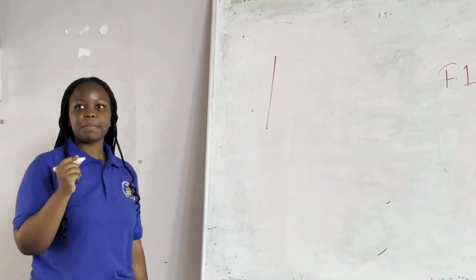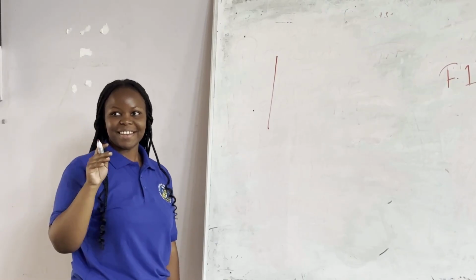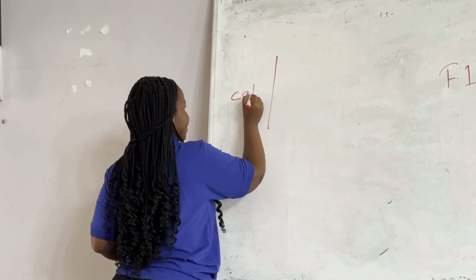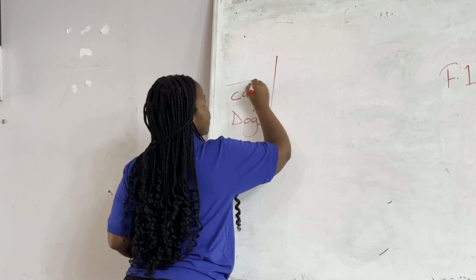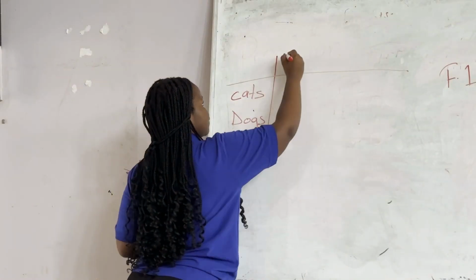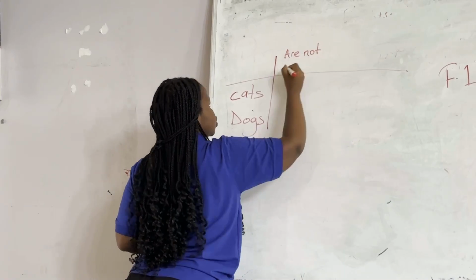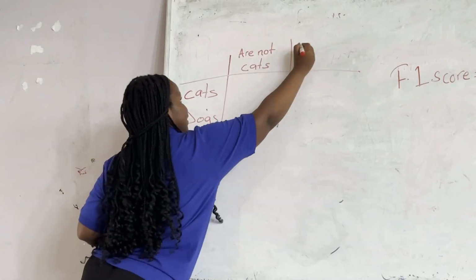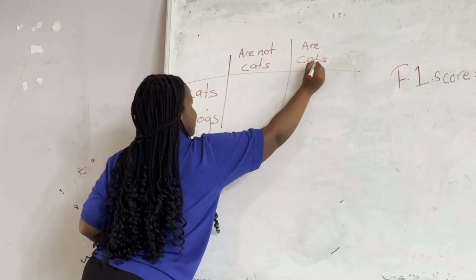So I'll show you an example. Do you remember the confusion matrix? I talked about it. I'm going to draw down a confusion matrix. So we have cats and dogs. How many were classified as cats but are not actually cats? Then how many were classified as cats and are cats?